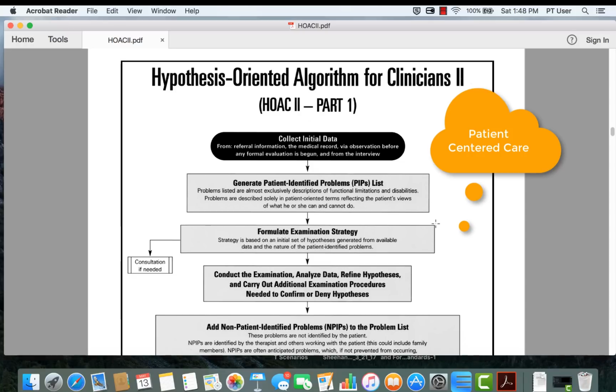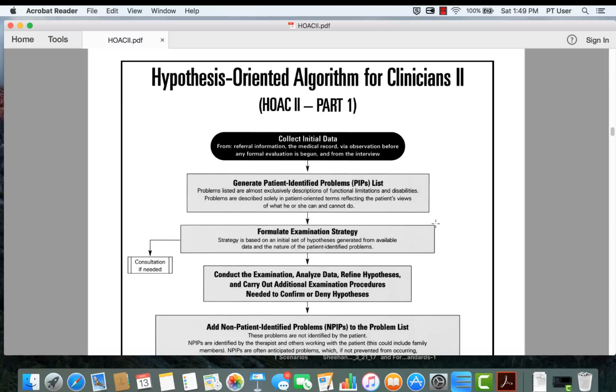It's very easy as students and as clinicians in general to get caught up in what we're looking for, what we see, what systems we might think are problematic, and lose sight of what is most important to the patient. And that's one of the main reasons why we highlight this model, is because it emphasizes putting the patient first.